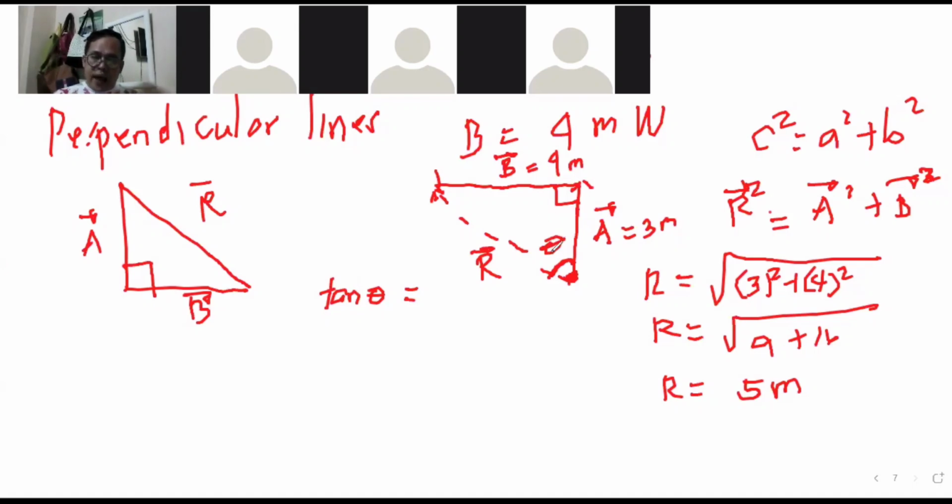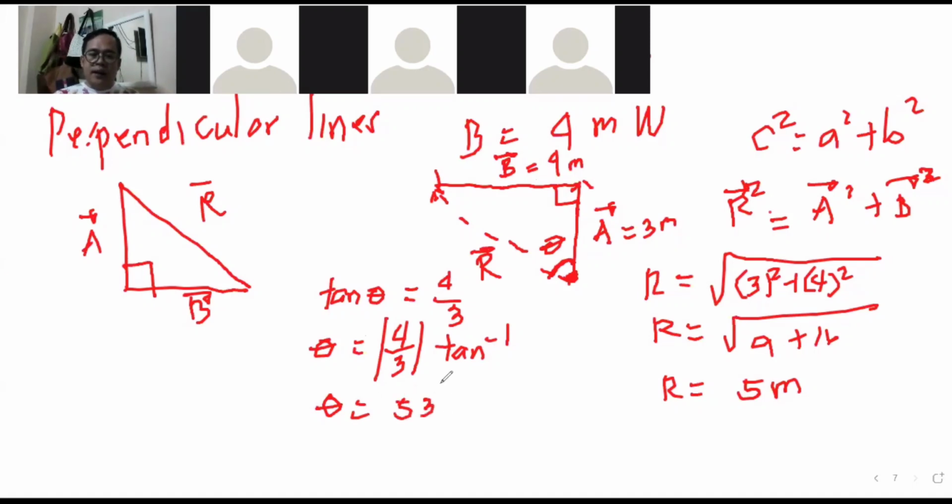Opposite of this angle is 4, side B, and the adjacent is A, 3. So theta is shift tangent inverse of 4 over 3, and that is 53 degrees something.